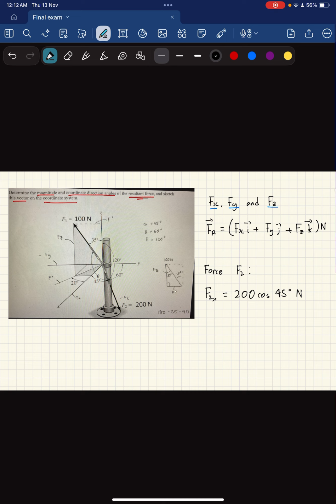And on the calculator we should get about 141.42 newtons. Let me just double check this. Yes, so cos 45 is square root 2 over 2, times 200.